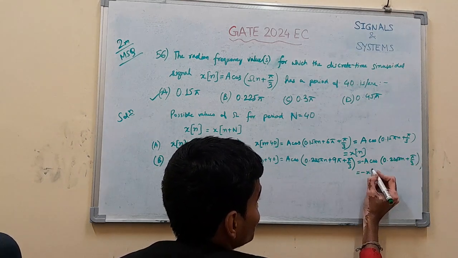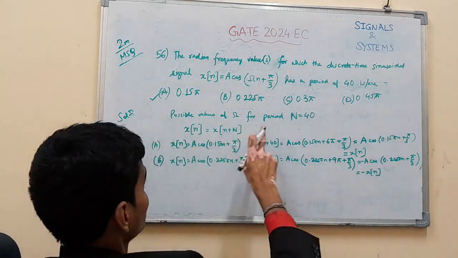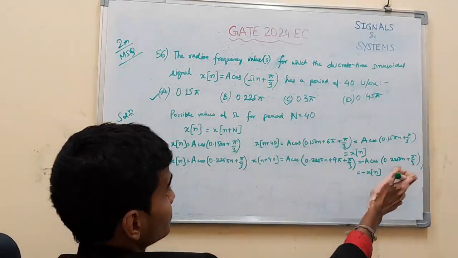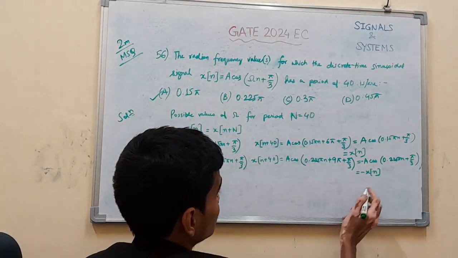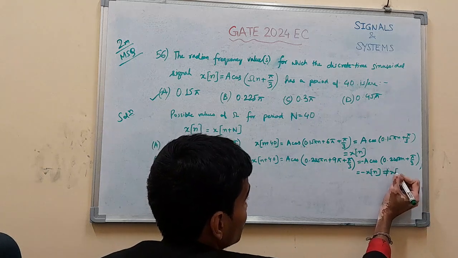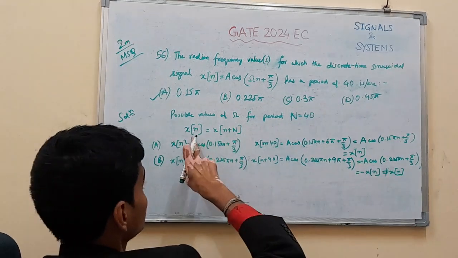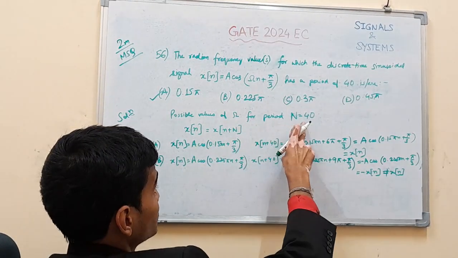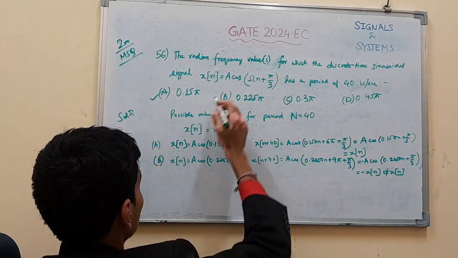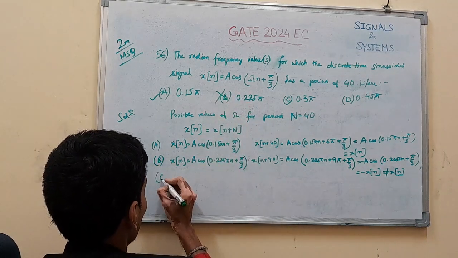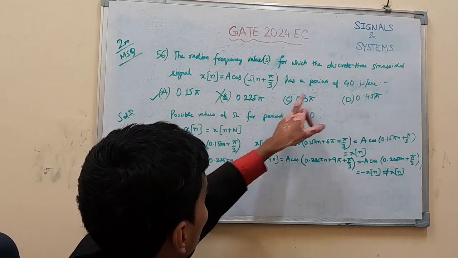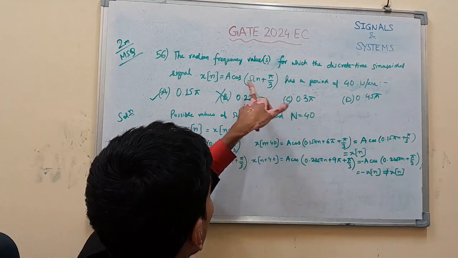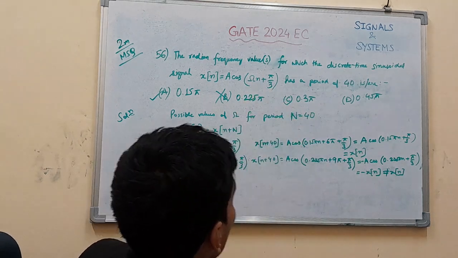So this will be minus of x of n, which is not equal to x of n. But by the definition of period, x of n plus 40 should be equal to x of n. So 40 is not a period of x of n if omega equals this value.